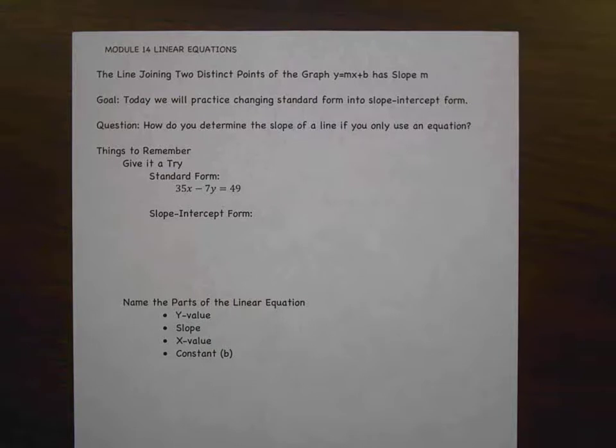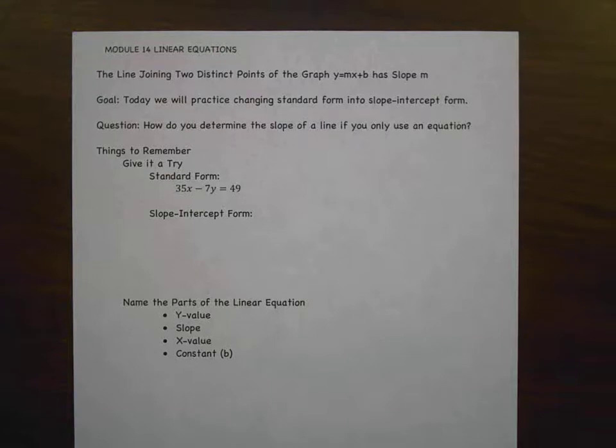So we have actually seen this before, and so it's kind of a review. The biggest thing that I want to do in this video is I just need you to really understand how you take standard form and convert it into slope-intercept form.